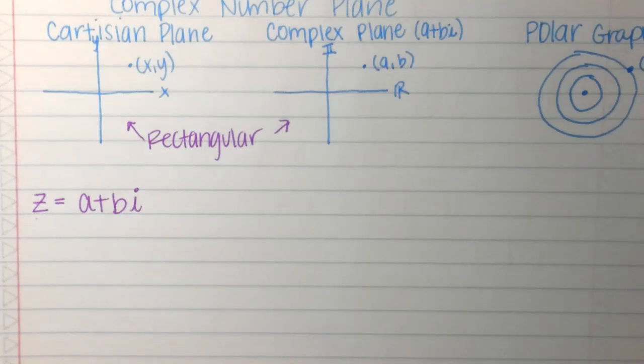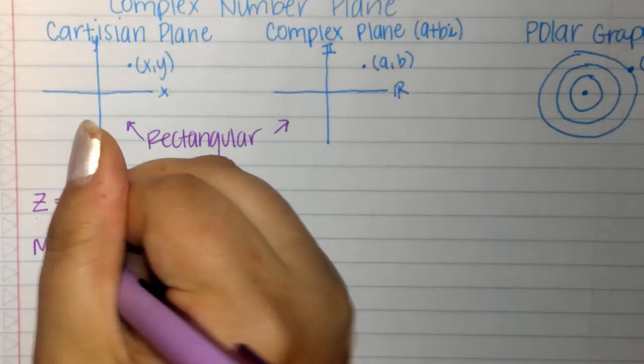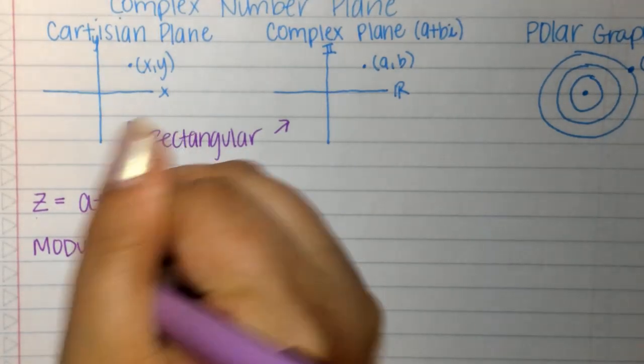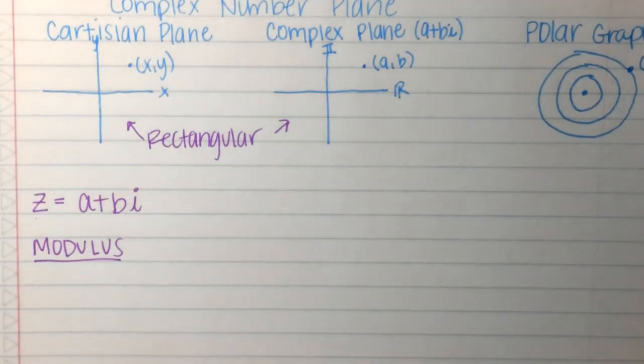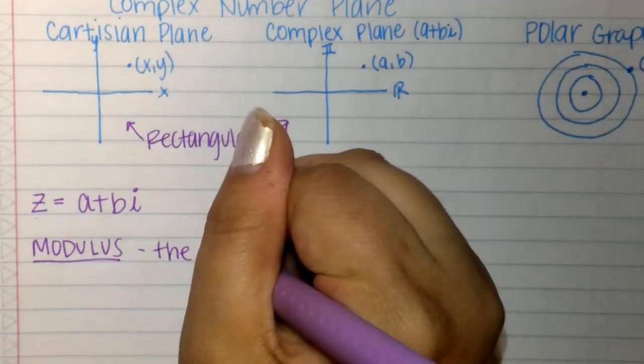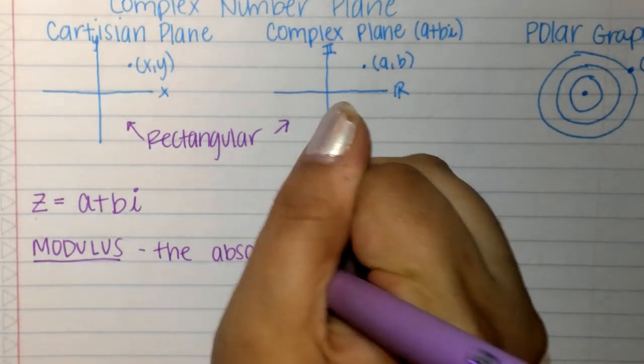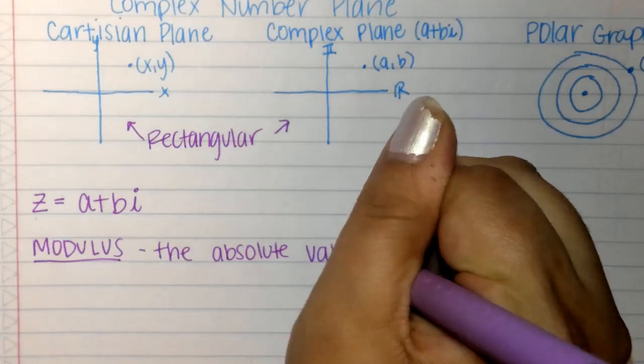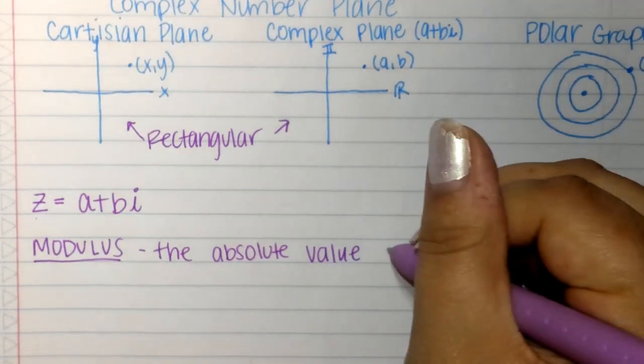And so today we're going to be talking about something called a modulus. A modulus is the absolute value of a complex number.